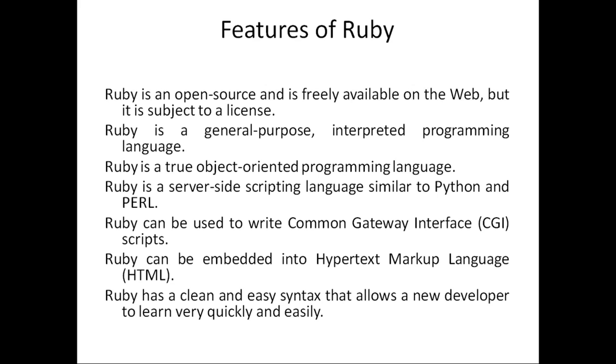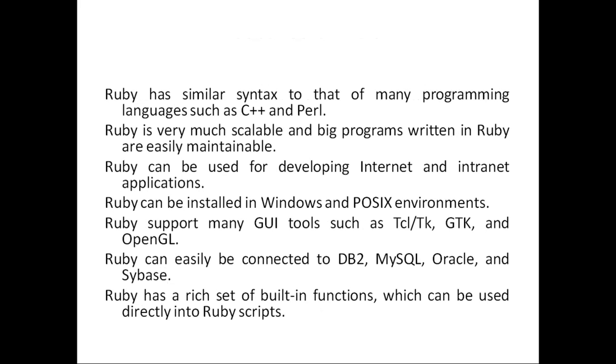And it supports all the databases, like DB2, MySQL, Oracle and Sybase; all of them we can use. It also has similarity to C++ and Perl, and we can develop internet and intranet related applications using Ruby. It is very scalable, so from very small to big programs we can do here.